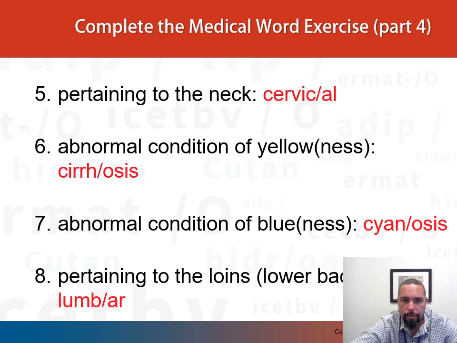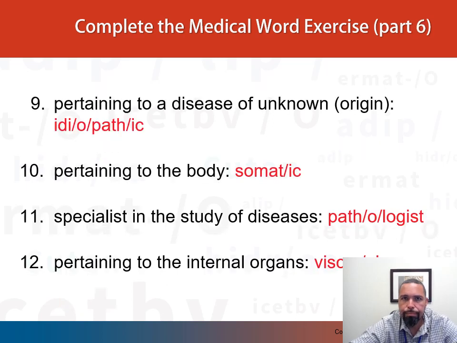Talked about why, you got your lumbar spine there. Pertaining to a disease of unknown origin, idiopathic, okay? Pertaining to the body, somatic. Specialists in the study of a disease will be pathologist, okay? Pertaining to internal organs, visceral.